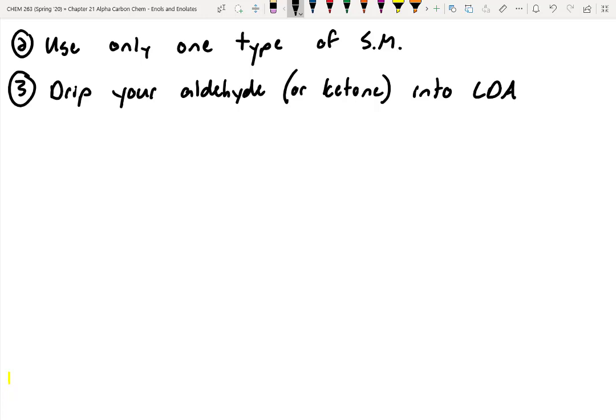That's lithium diisopropyl amide. That's our really strong base. And if it's really strong, what that will do is form 100% enolate. Meaning we're not going to be under equilibrium conditions.